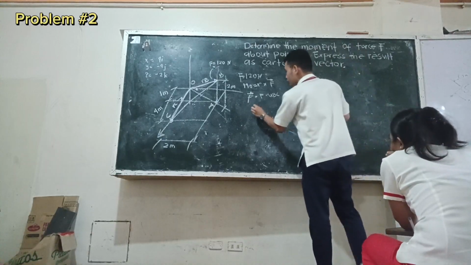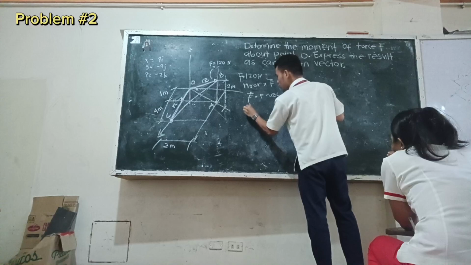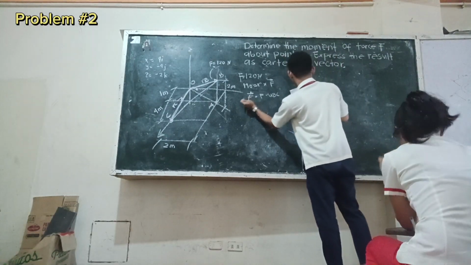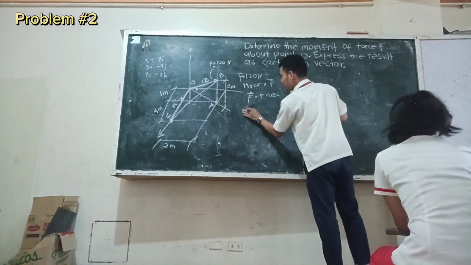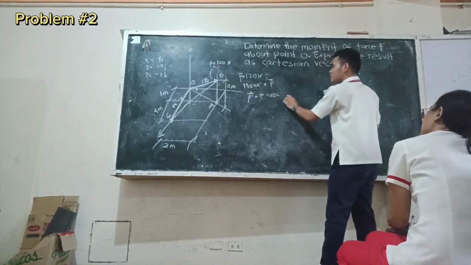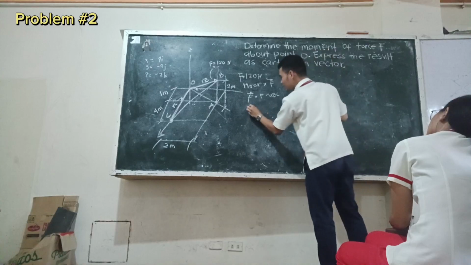Since we have the value of each component, we can use that in solving the Cartesian vector. Using those values, we can solve for the unit vector BC.